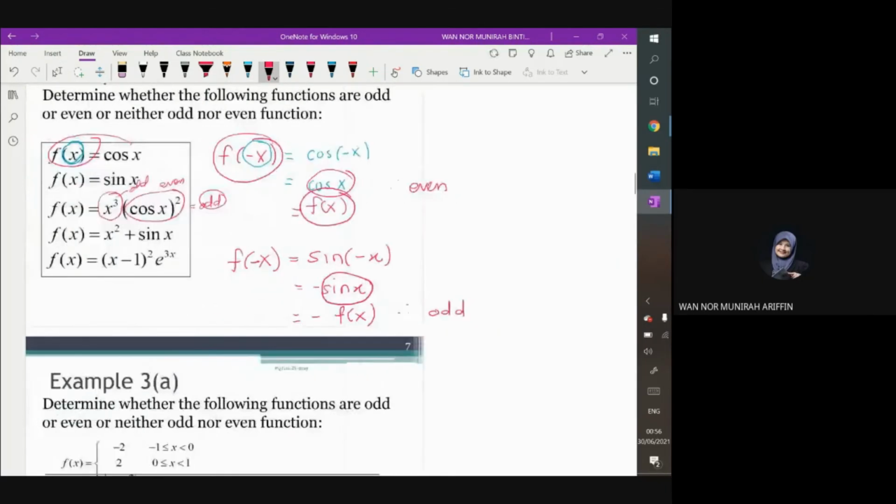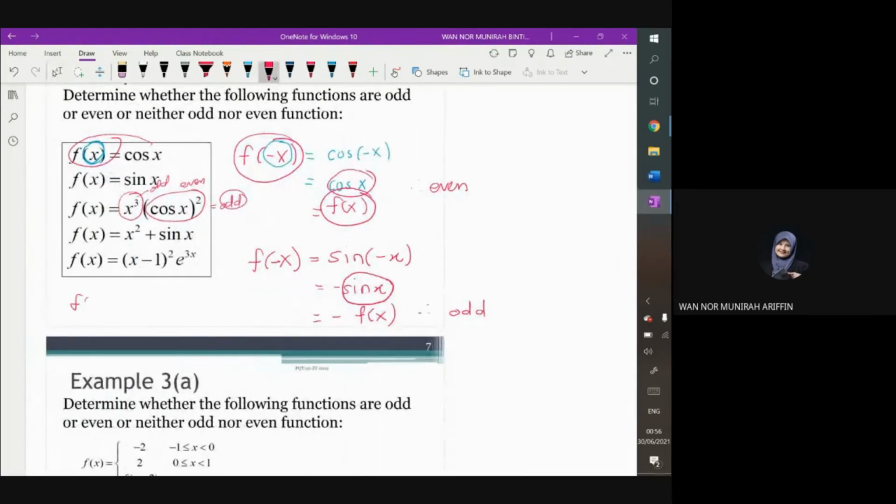Is it correct? Okay, so let's see. f(x) is x cube cos x square. So I replace this one by negative x. So I will have negative x cube, and this one is also cos of negative x square. Negative x cube is negative x cube.